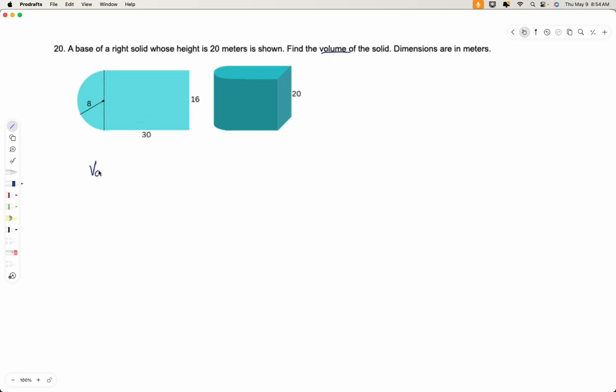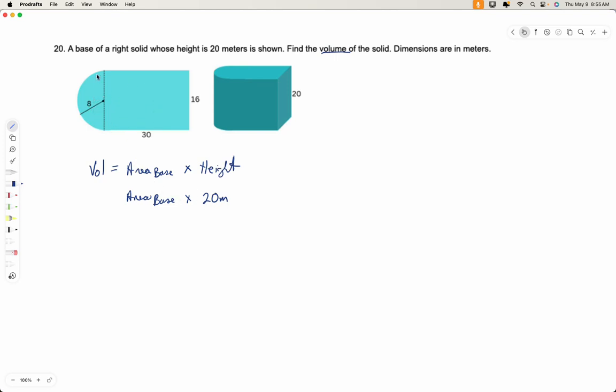So volume is equal to area of the base times height, right? We already know the height. The height is 20 meters. So we need the area of the base times 20 meters. We just need to find this.